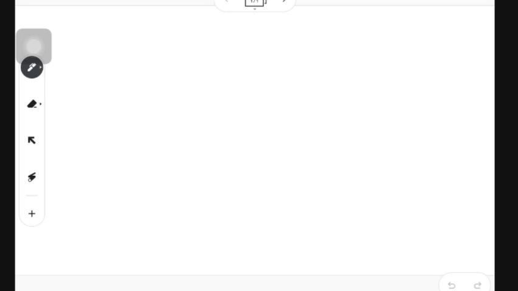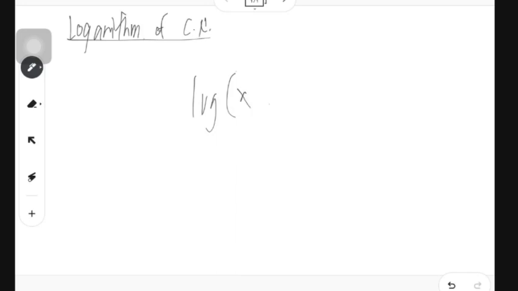Now, let's study the logarithms of a complex number. Let's say we're going to take the logarithm of x plus jy.